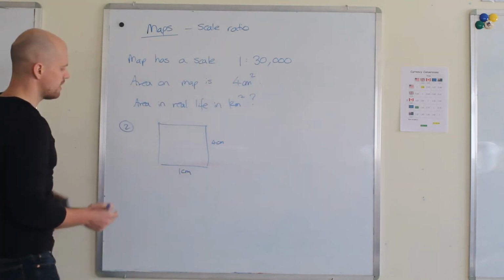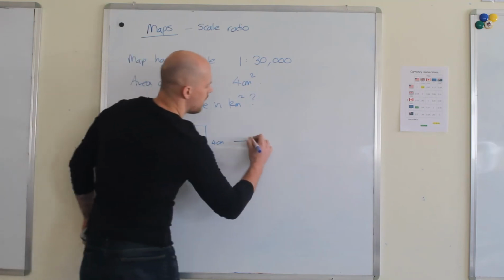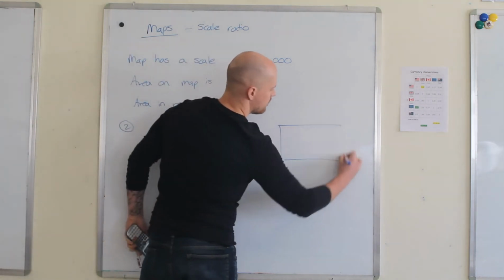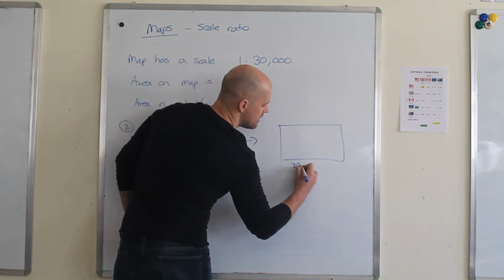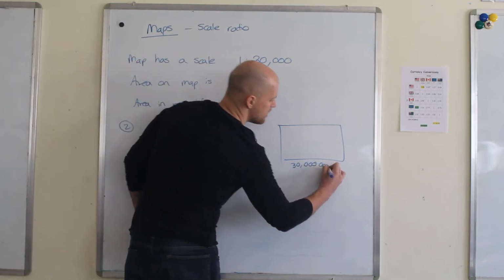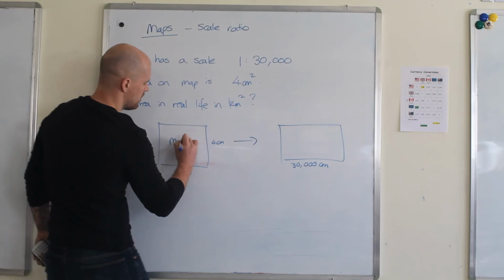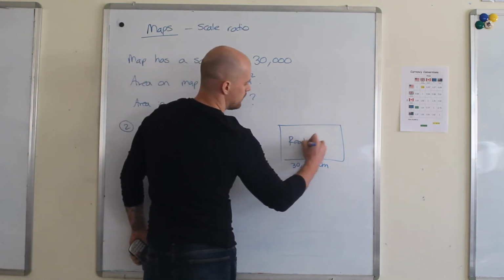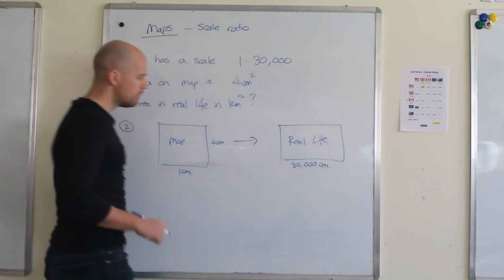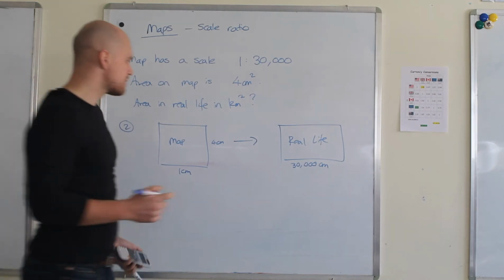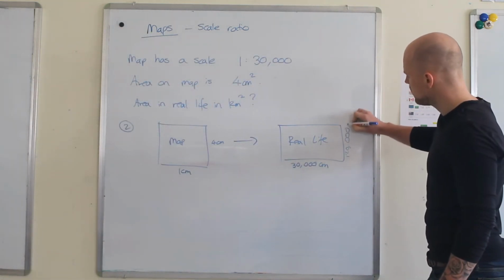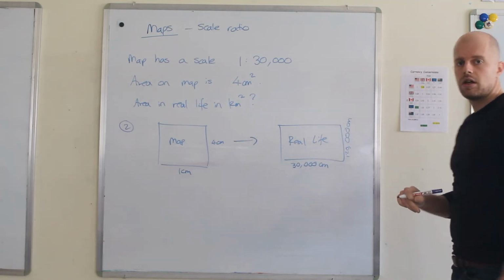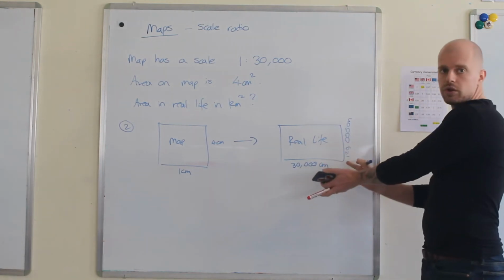Well, 1 centimetre on the map becomes, in real life, 1 times 30,000. So that would be 30,000 centimetres. This is the map, this is real life. 4 centimetres, you times by 30,000, and you get 120,000 centimetres. This is now real life, and this is true.